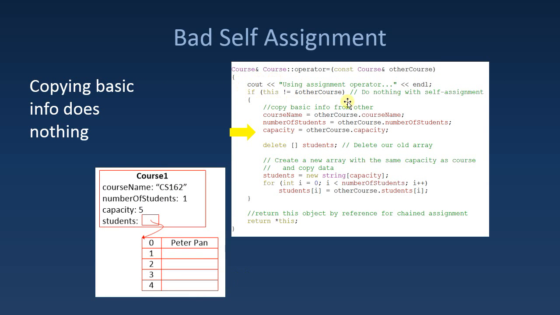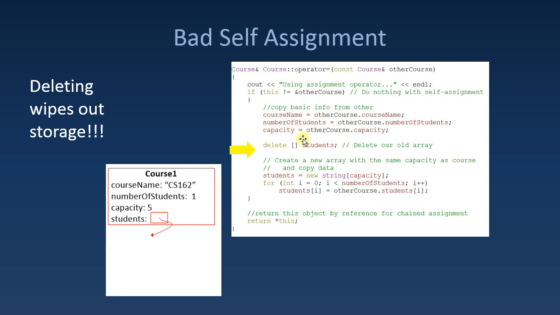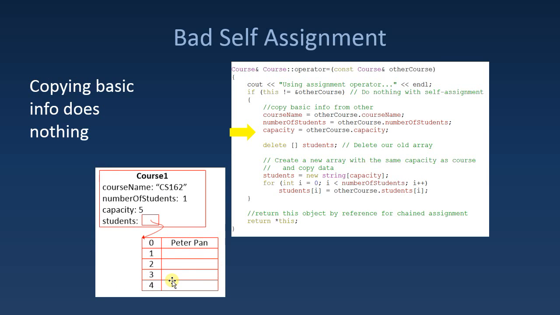Imagine I don't have this little chunk of code that we're skipping for now. And I say course 1 gets assigned to course 1. So I copy from course 1 to course 1, its name, its students, its capacity. No big deal. Now I delete my students array. We're in trouble. We just lost track of whatever students we had. We just lost track of Peter Pan.